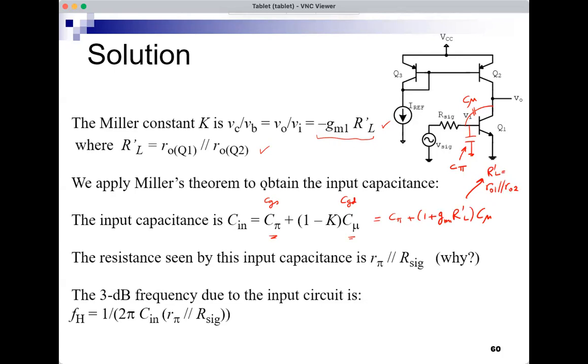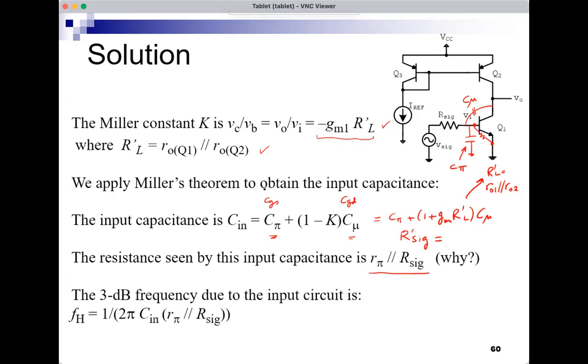The resistance at the input is R pi parallel R sig, and we know why, because this is R prime sig, and in the case of the BJT there's R pi here. So when we do the analysis, we see R pi in parallel with R sig.